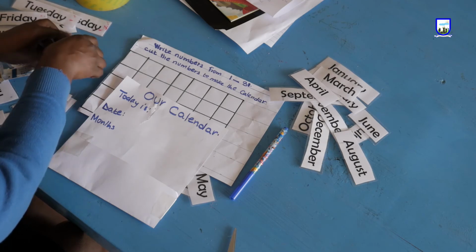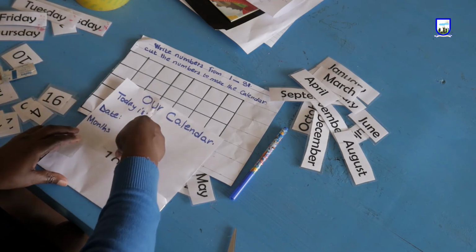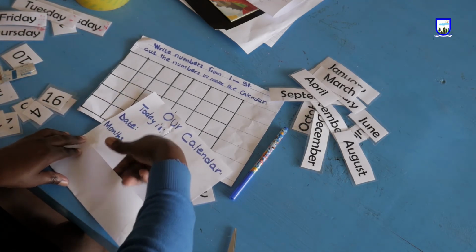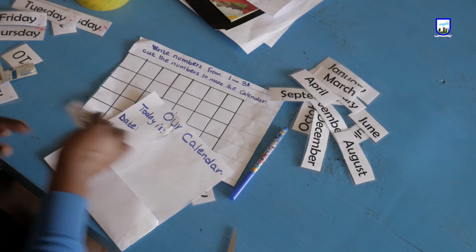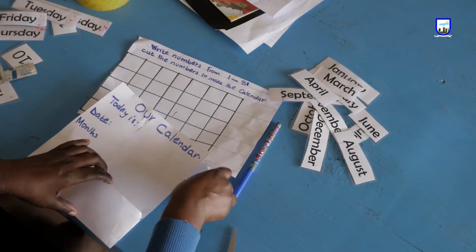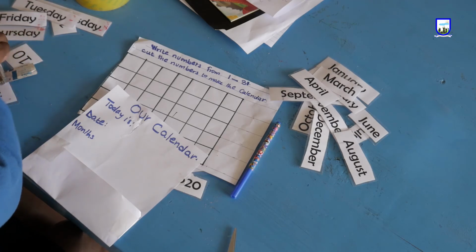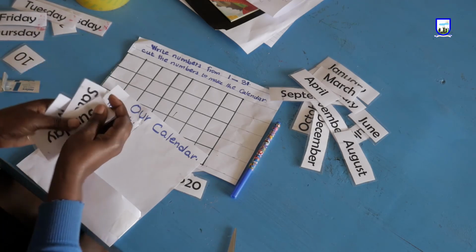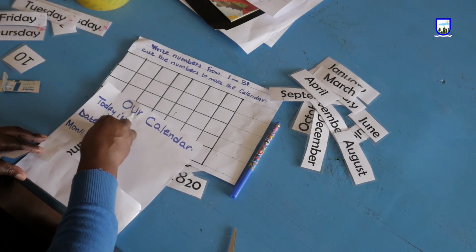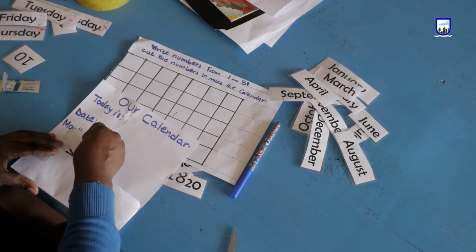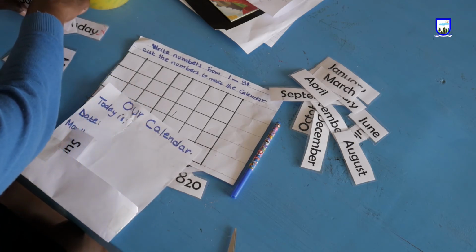So make sure every day you change the date. This is where you put your numbers. And then after, this is where you will be putting the days. Days of the week.